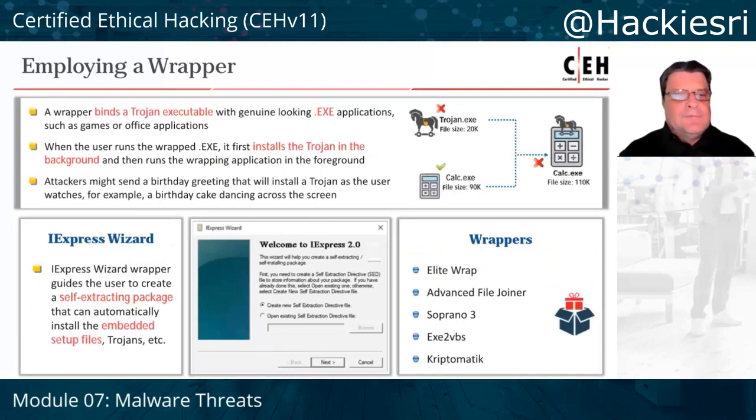Employing a wrapper. A wrapper binds a Trojan executable with genuine looking .exe applications, such as games or office applications. When the user runs the wrapper.exe, it first installs the Trojan in the background and then runs the wrapping application in the foreground. Attackers might send a birthday greeting that will install Trojans while the user watches, for example, a birthday cake dancing across the screen or something else that could get the user's attention.